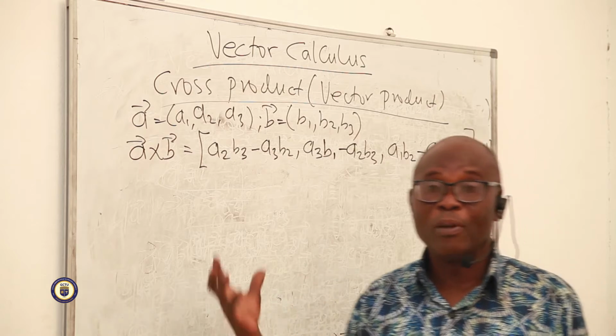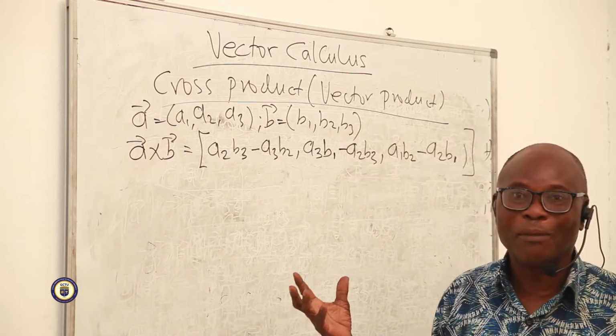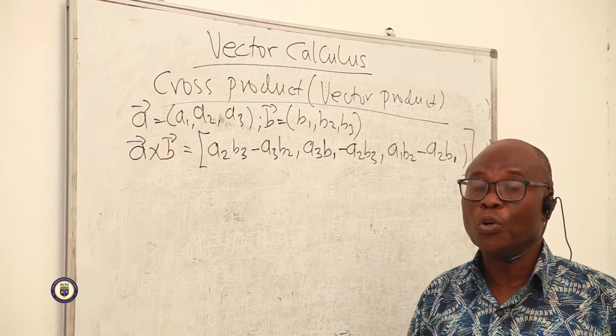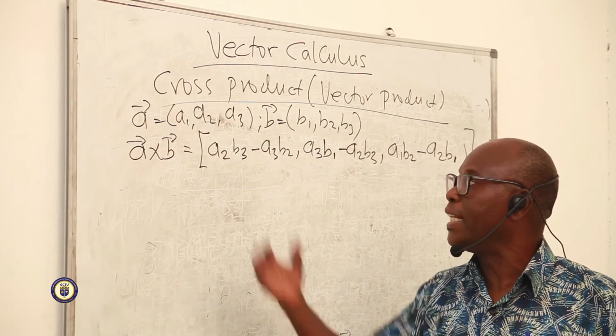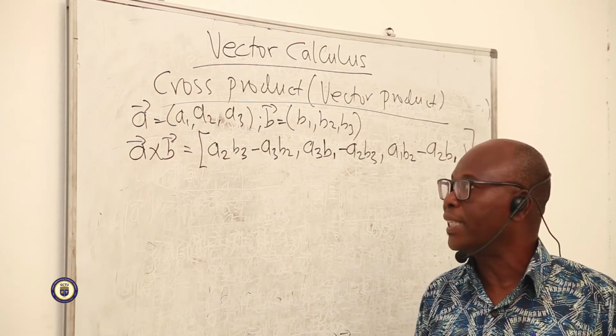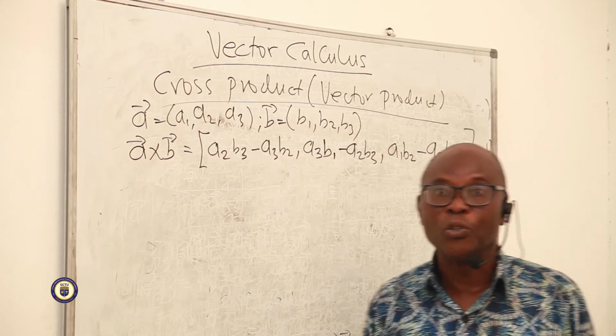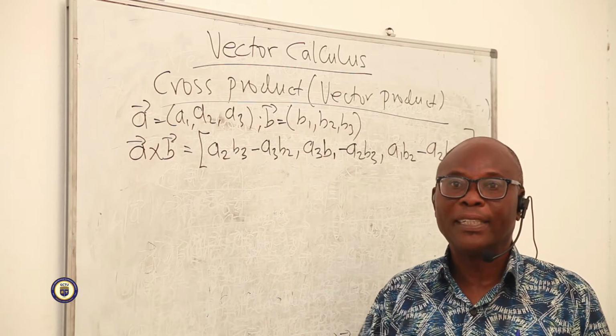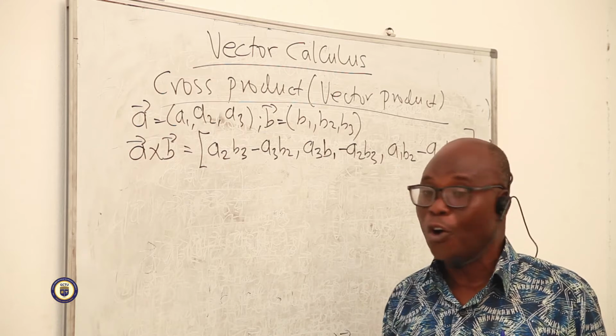But to memorize this formula becomes very cumbersome. So we're going to use another approach in finding the cross product of these two vectors, using the determinant of a 3x3 matrix, which we all know from Maths 1.